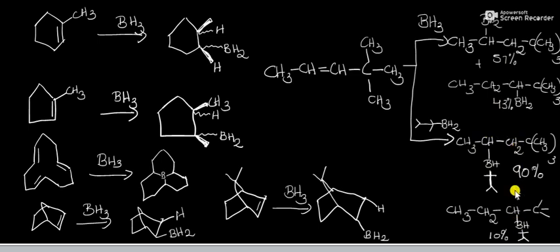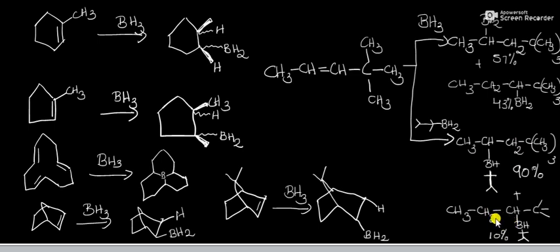But which will be the major product? Of course, BH2 adding to this carbon will be the major product, and the percentage of yield will be much higher in this case. That is, 90 percent we get this product, and only 10 percent will be this product.